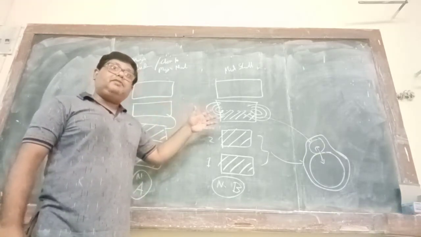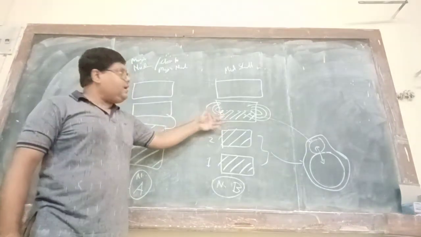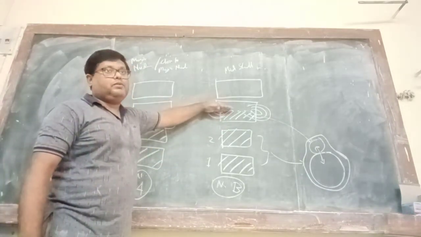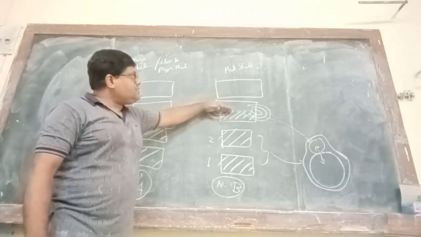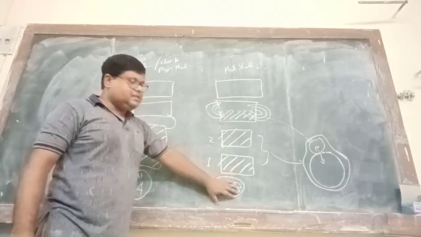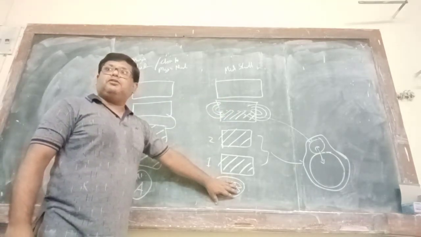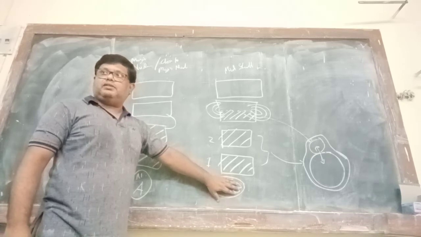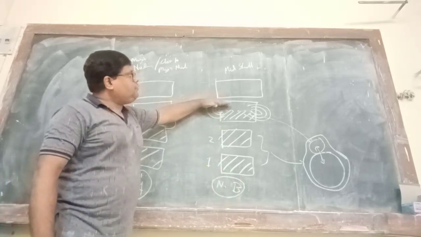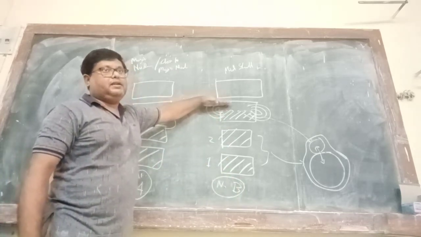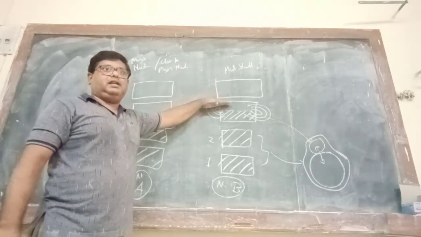The collectivity is very much enhanced. Why? Because the shell is mid-shell. Suppose we consider another nucleus C, where the shell is filled up to just the bottleneck. There you will not observe that much collectivity.